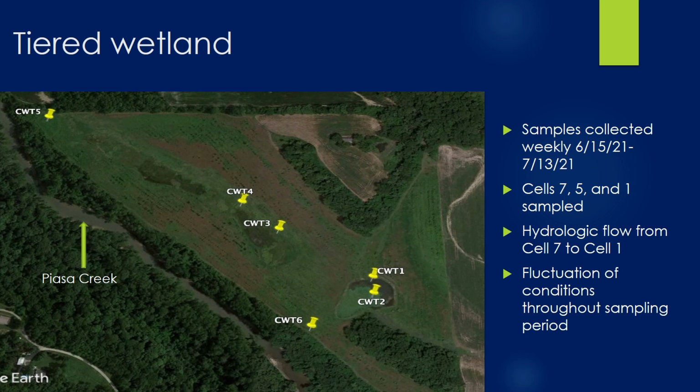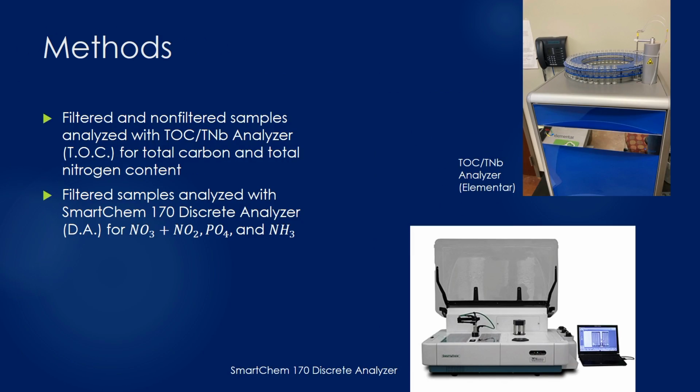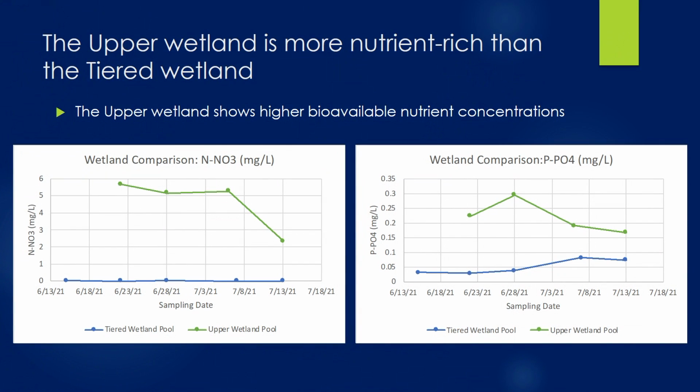When you compare the upper wetland to the tiered wetland, and it might have been hard for people to see it, how much nitrate was in the water in the tiered wetland? It was almost none, right? Basically nothing. Those nitrate levels were just very, very low.